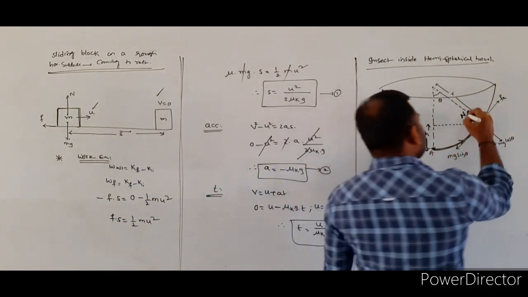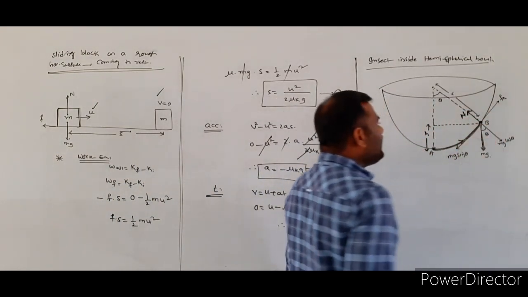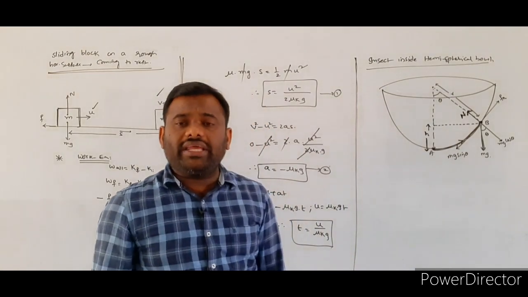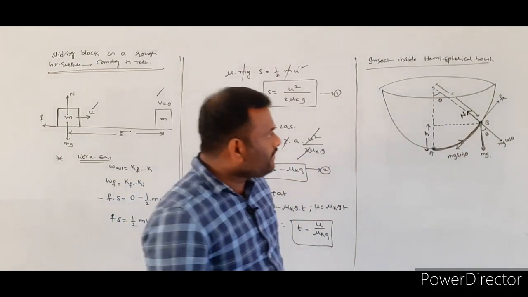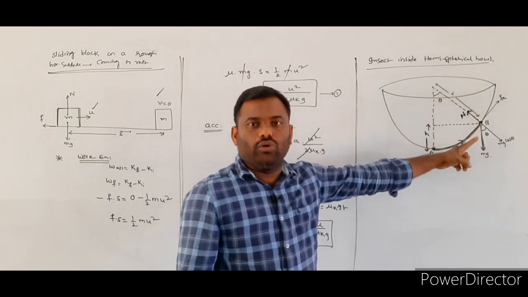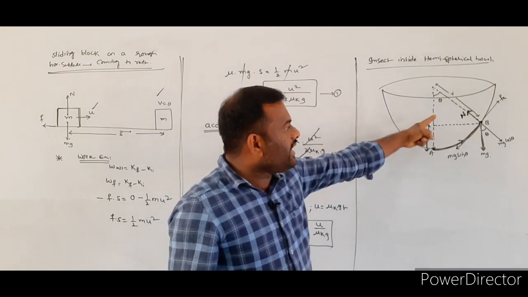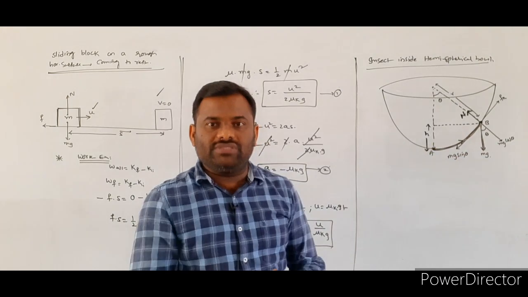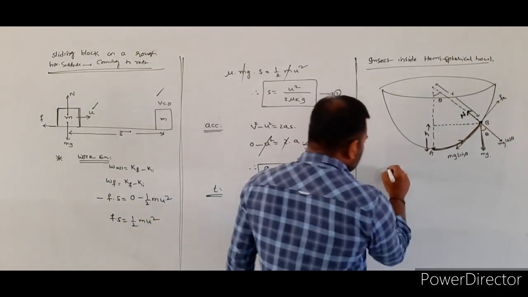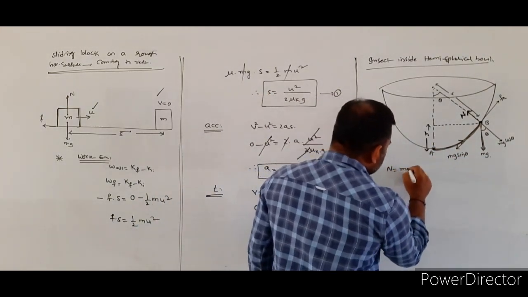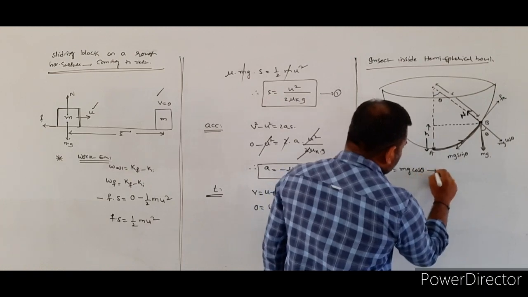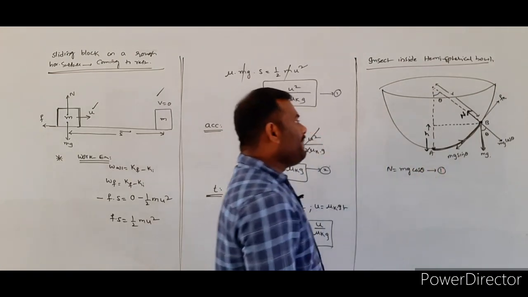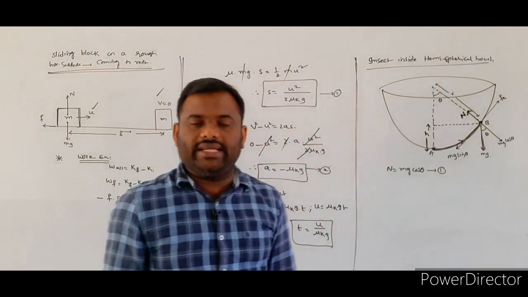Here N represents the normal reaction exerted by the hemispherical bowl. This normal reaction will be balanced by the mg cos theta component.